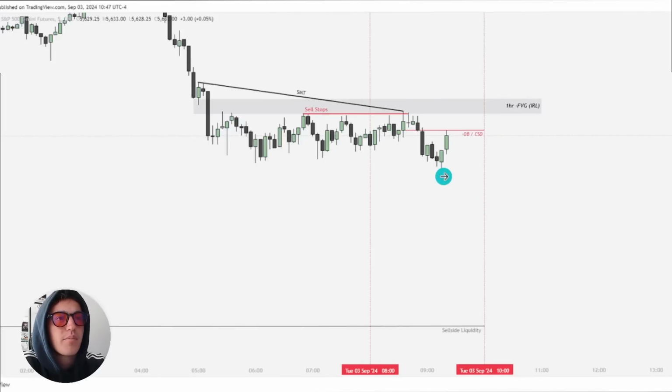Price comes back up, taps that order block, that very sensitive area in price, to the tick. That is our change in state of delivery and our high probability bearish order block for us to have a trigger to go short. And our stop loss would be at the high that created the SMT.